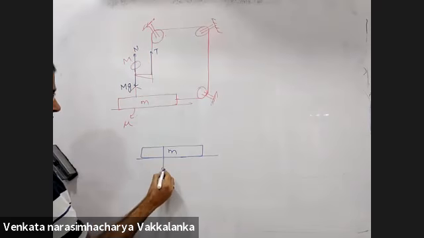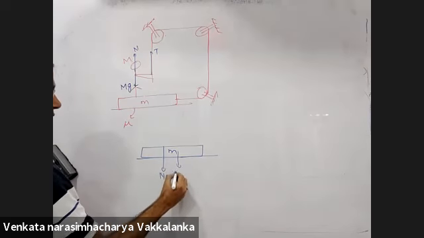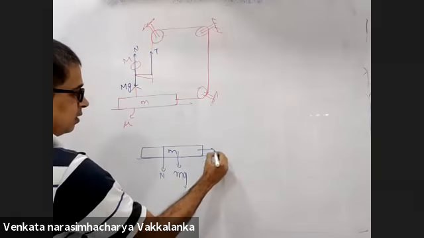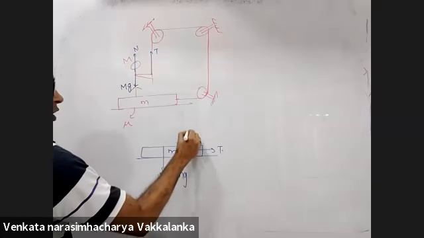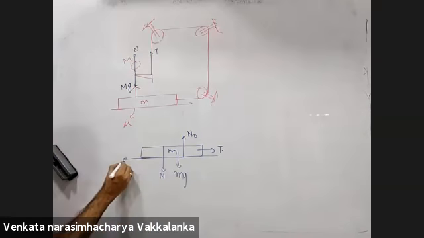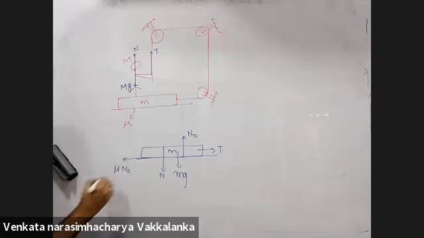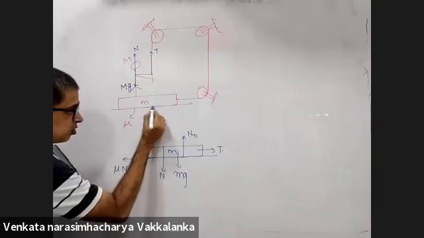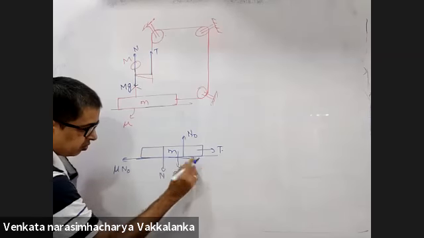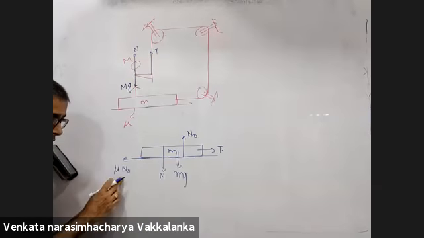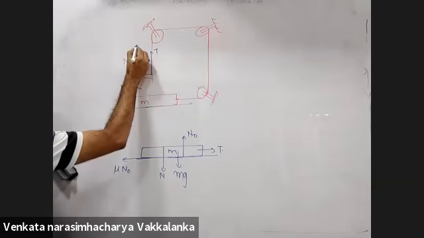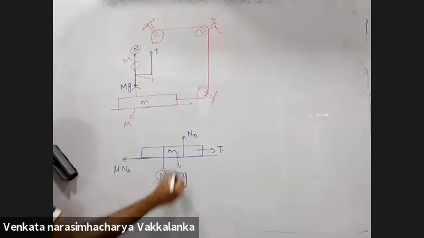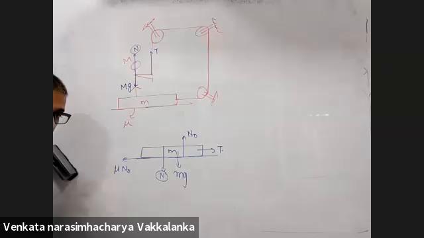Reaction of this normal force I'll have to draw here. This is small mg. This is T. This normal force I'll call it N0. This will be mu N0, the normal force at this surface. So friction is mu N0. Reaction of this normal force on this small m, I draw in the downward direction.